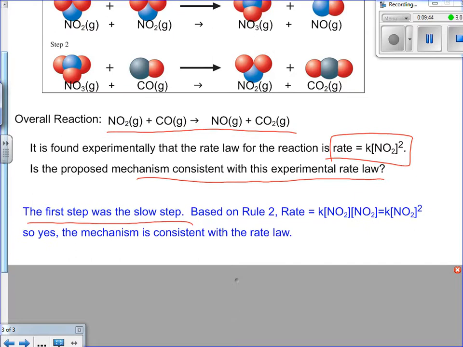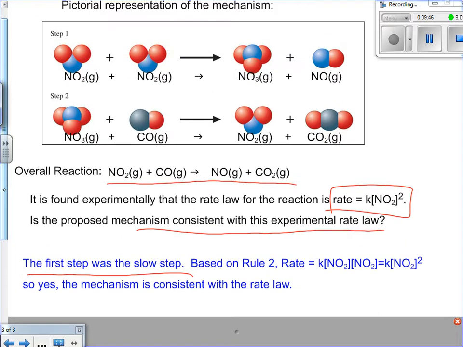Okay. So our slow step, right here, step 1, that means we have 1 NO2 times 1 NO2 times K. So the rate will be K times NO2 raised to the X, which was 1, times NO2 raised to the Y if we were thinking of NO2 as two different things.